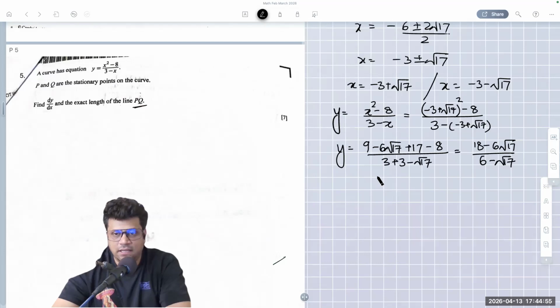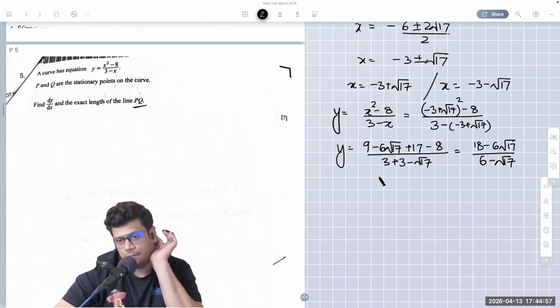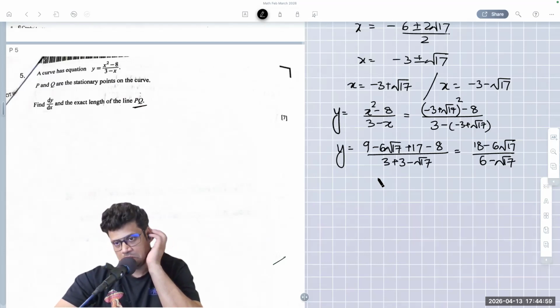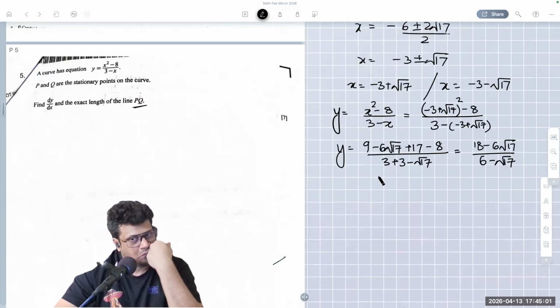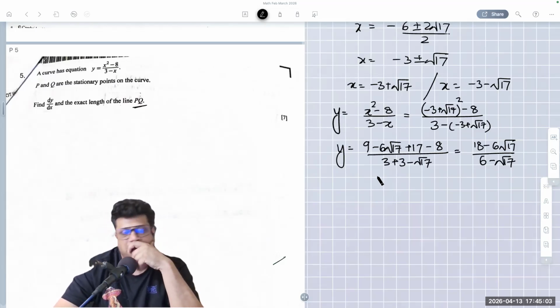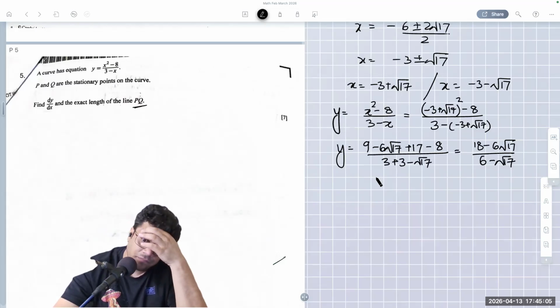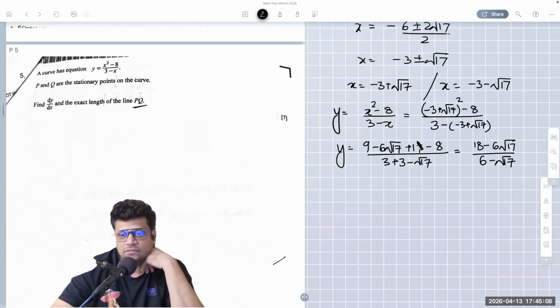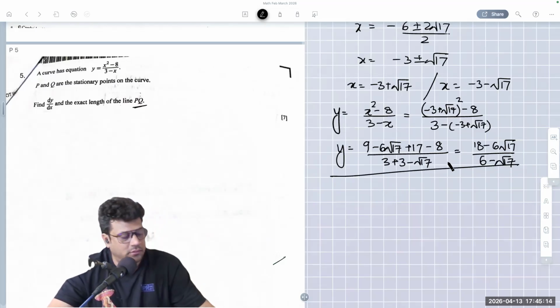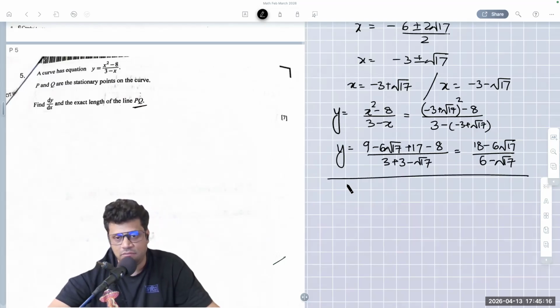But I don't see them canceling out. Okay, that's one y corresponding to negative 3 plus root 17. I'm going to find another y corresponding to the other x value. So x square minus 8 divided by 3 minus x.